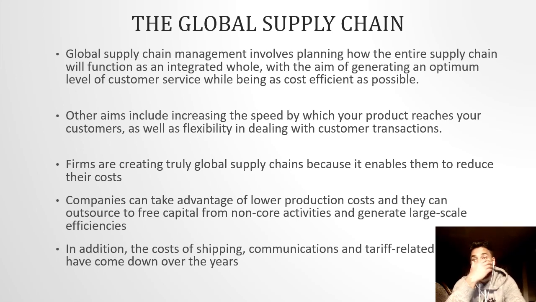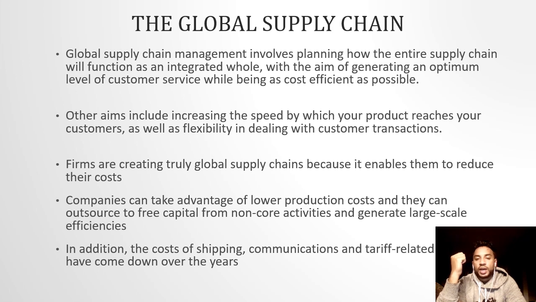Okay, so the global supply chain. So what is a supply chain? First off, a supply chain is the process of taking something from raw material and turning it into a product. The global supply chain is, for example, if I'm creating a cell phone in North America. I'm manufacturing in North America.